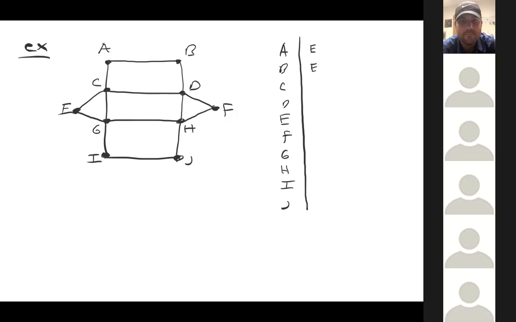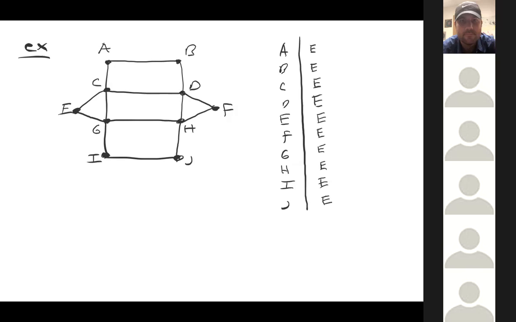C looks like it's even, 1, 2, 3, 4, right? So C is even. Looks like D is also even. E and F both have two coming into them, so they're both even. G is even. It has 4 coming into it, so is H. I has 2 and J has 2. So these are all even. All the vertices have even degree.